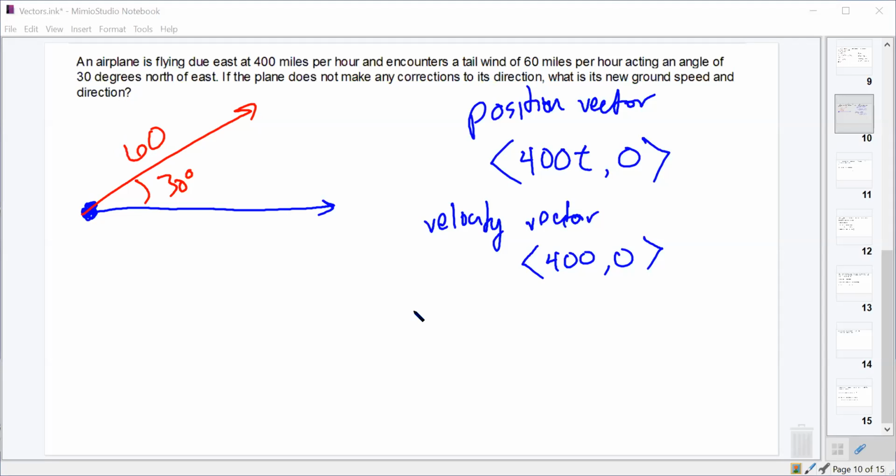And so if we wanted to write a vector that represented the velocity of the wind, how would we do that? What is the x component of it? Should be the magnitude times what?